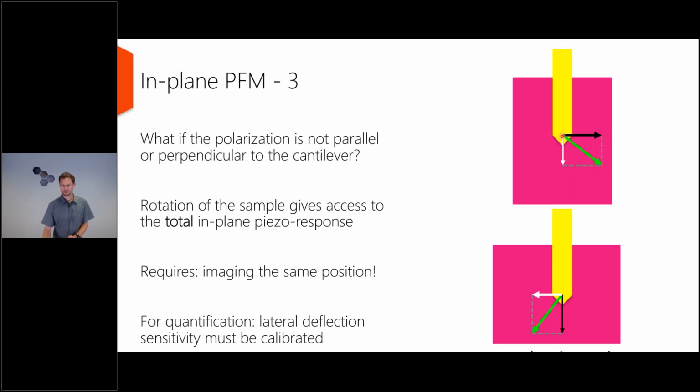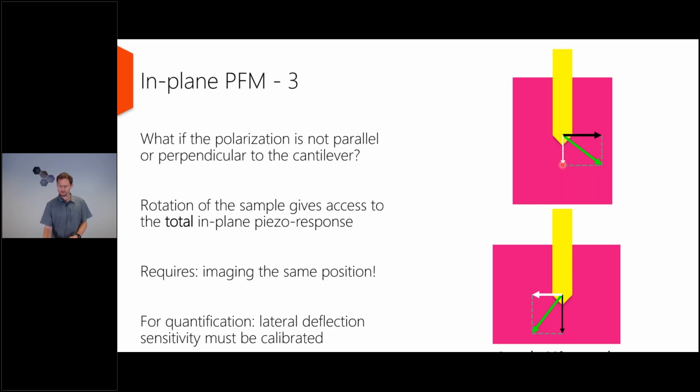So in the first case, we had the black line where the polarization is perpendicular to the cantilever. But as we have seen, it can also be parallel to it, but more realistic, it will be in some direction. What you can do now is try to rotate the sample, find the same area and scan that again.